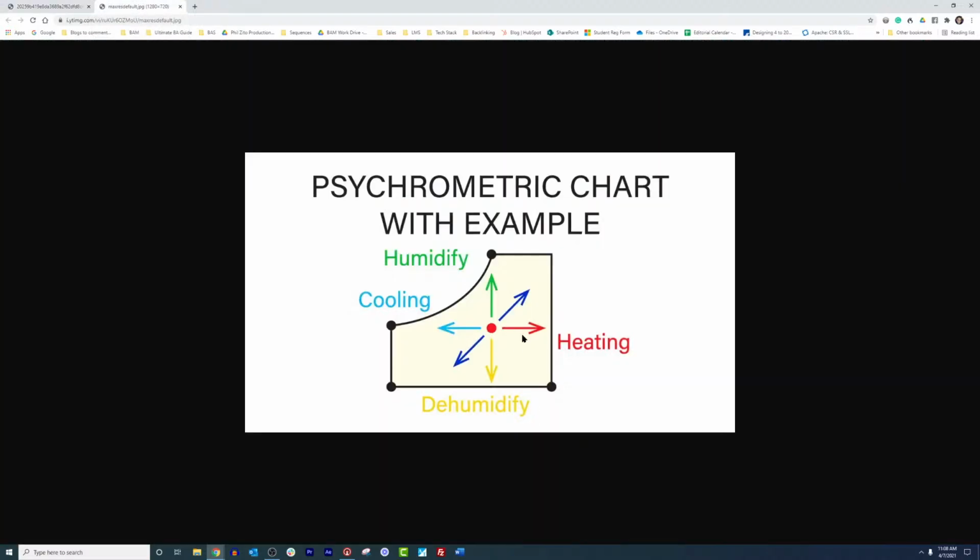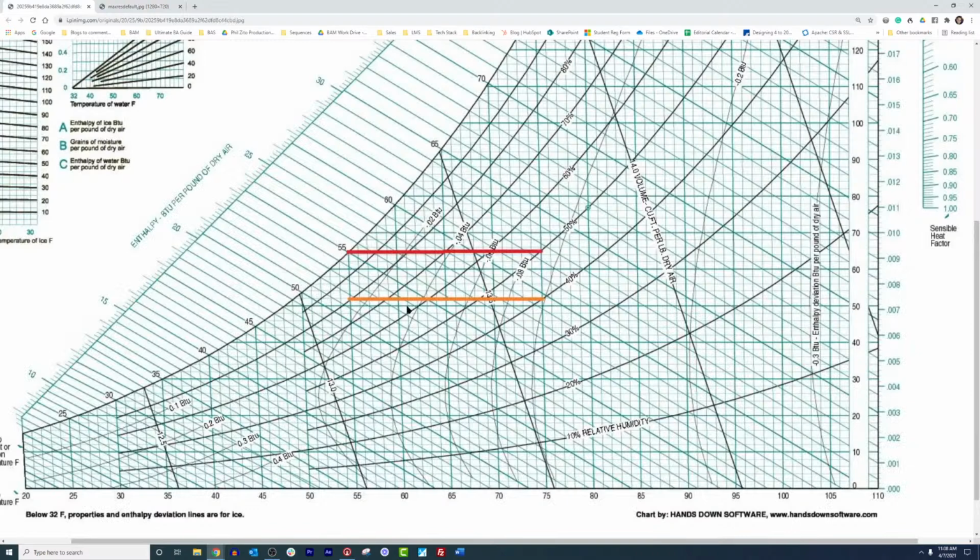Then we see heating. Heating is also going to be going across dry bulb, and that is also a way of lowering the moisture level of the air. Although you're not really lowering the moisture level of the air, you're lowering the relative moisture level of the air. I want to be clear on that. The only way you are truly lowering the moisture content of the air is driving the air to saturation with dew point or using some chemical desiccant, I think.